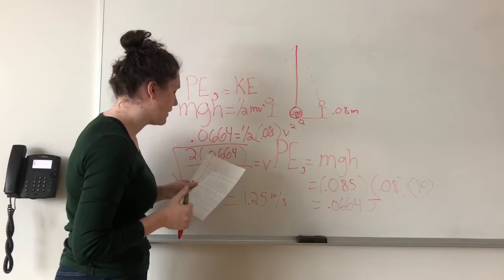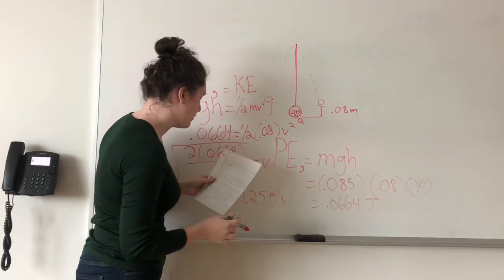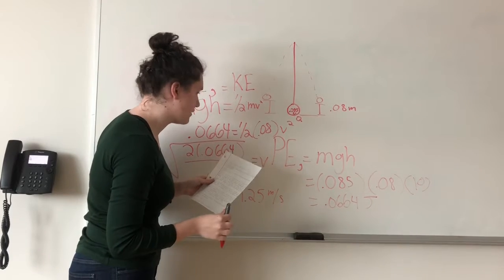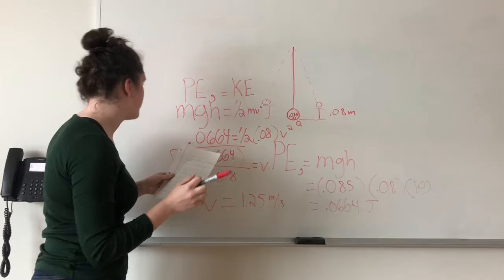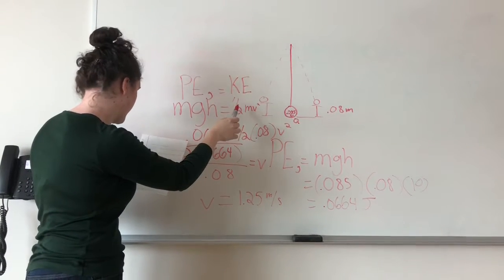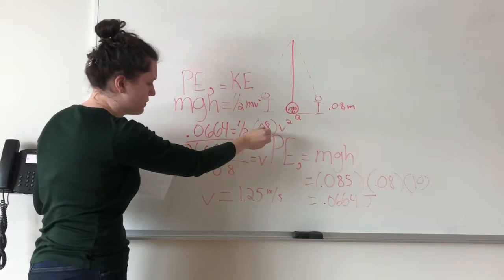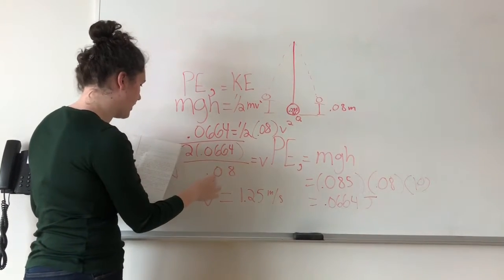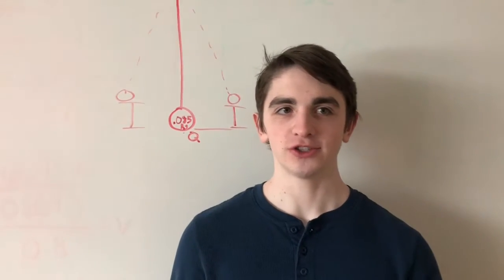So multiplying these together, we have the gravitational potential energy at Q to equal 0.0664 joules. Since the bob was not moving at this point, this is the system's mechanical energy. Setting that equal to the equation for kinetic energy and plugging in the mass once more at 0.08, we find that the velocity equals 1.25 meters per second. Excellent use of the energy equations, Krista.